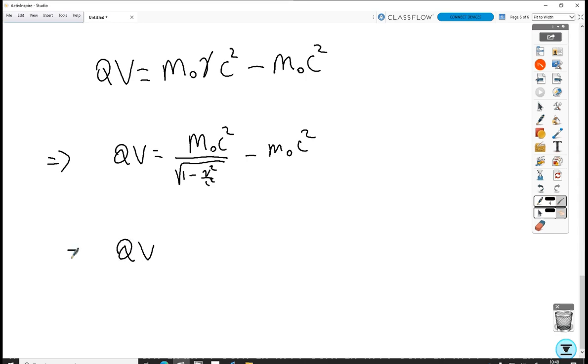So QV is equal to m naught c squared into 1 over square root of 1 minus v squared over c squared, minus 1. So at that point, we can just rearrange it until we find v. Okay?